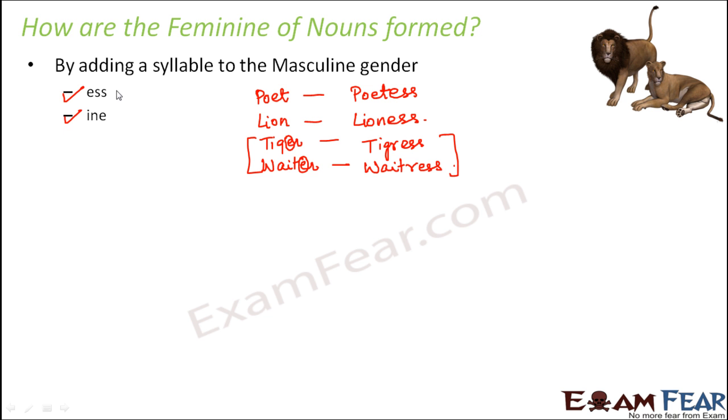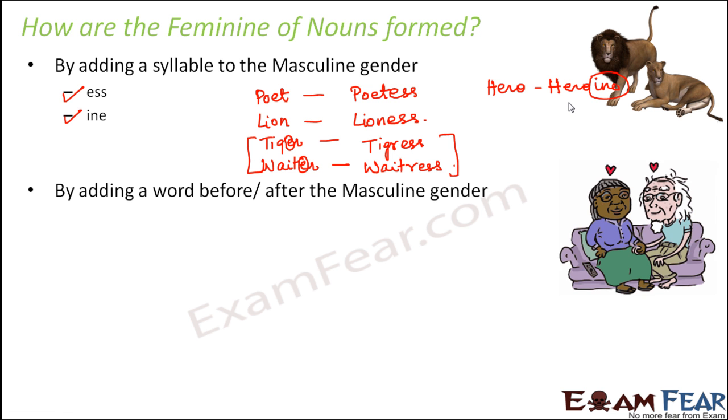Now not only ESS, sometimes you can also add the syllable INE. For example, if the masculine gender is hero, then the feminine gender is heroine. You just added INE at the end. That's it, right?